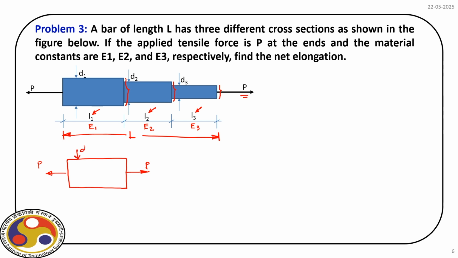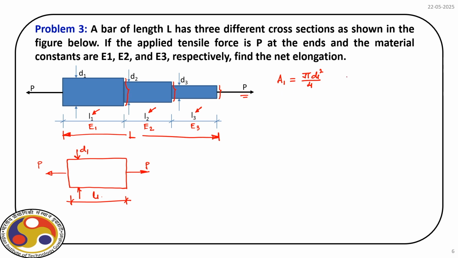The diameter is D1 and the length is L1. A1 is the cross sectional area, so this is pi D1 square by 4.